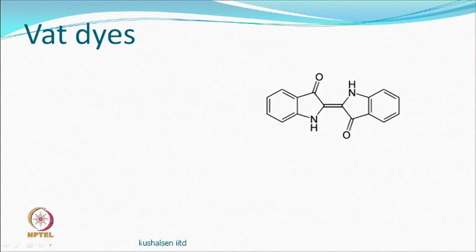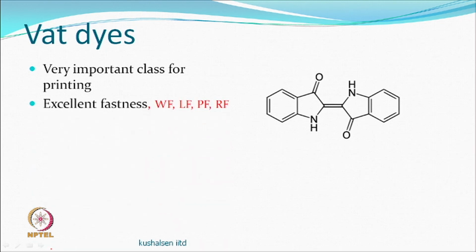So, let us say wet dyes, they are generally used for printing without any doubt. Okay. Why? They have all kinds of fastness which are very good, very important from the printing point of view. You look at the wash fastness, you look at light fastness, all kinds of fastness. They are very nice dyes, but they are expensive.